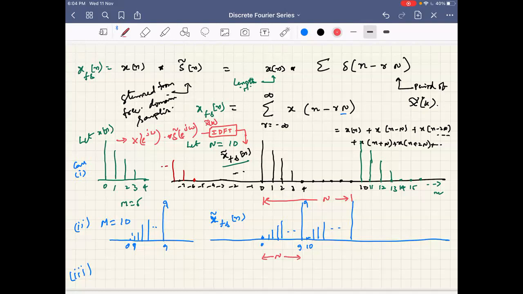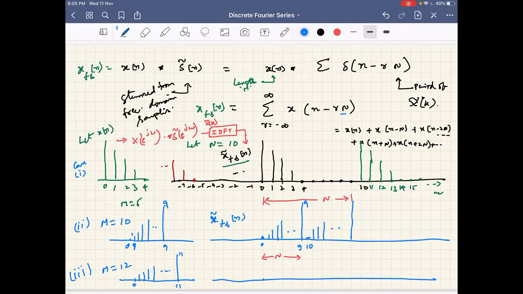But in the third case, let us assume that you have M equal to 15 or 12. So what does now happen? Assume a similar scenario, you have some signal which starts from 0, keeps rising, and after some time it goes up to 11, for example, at the 11th sample. Now if you sketch it, will we be able to extract back the signal x of n from this x tilde of n?